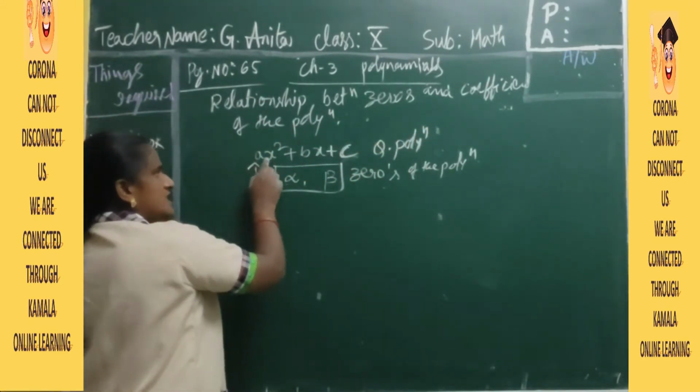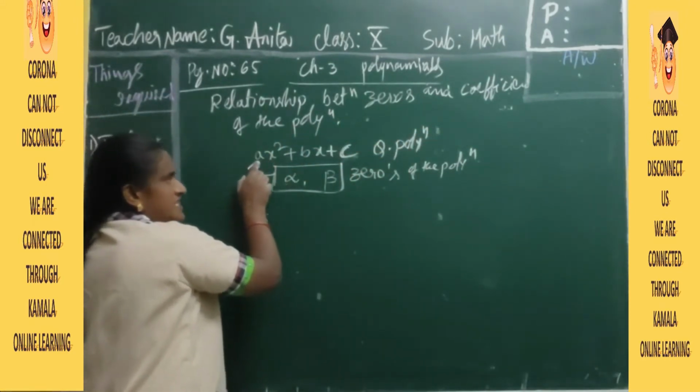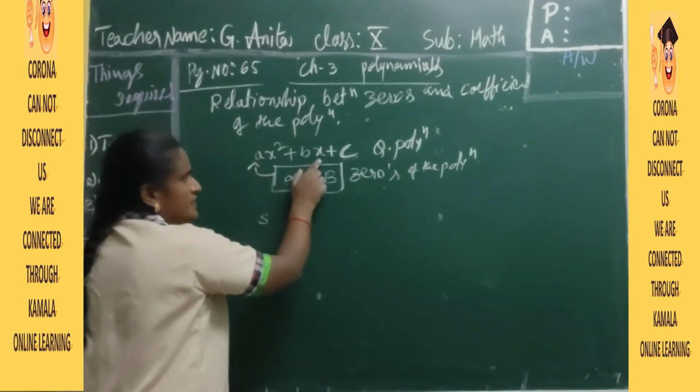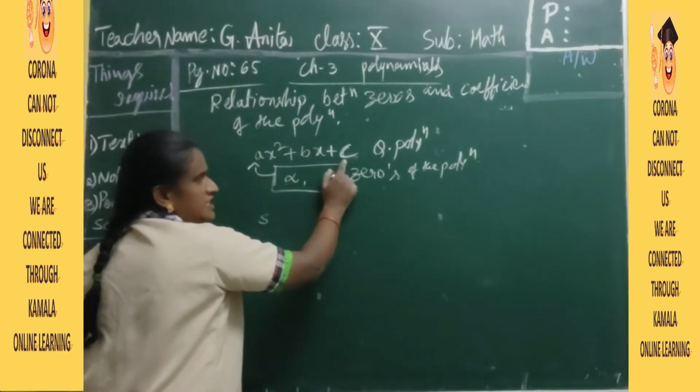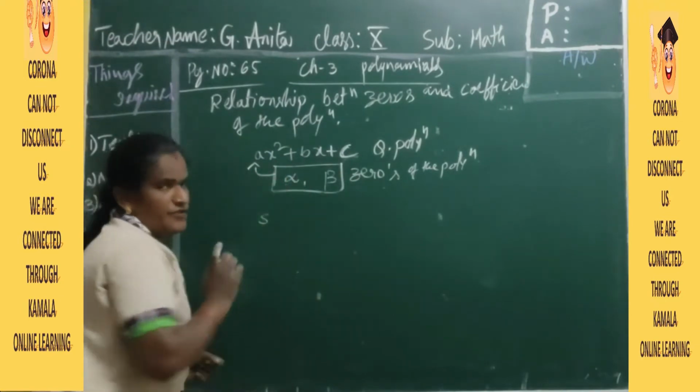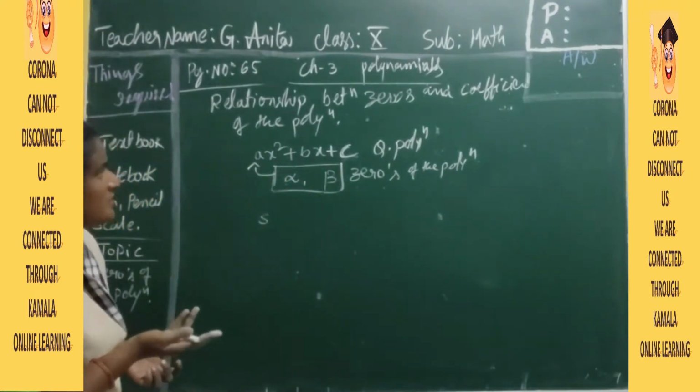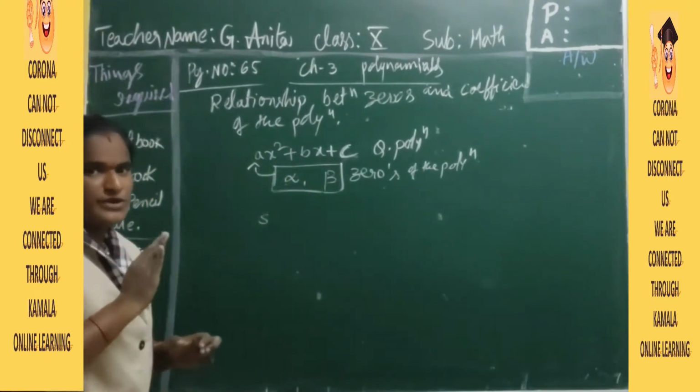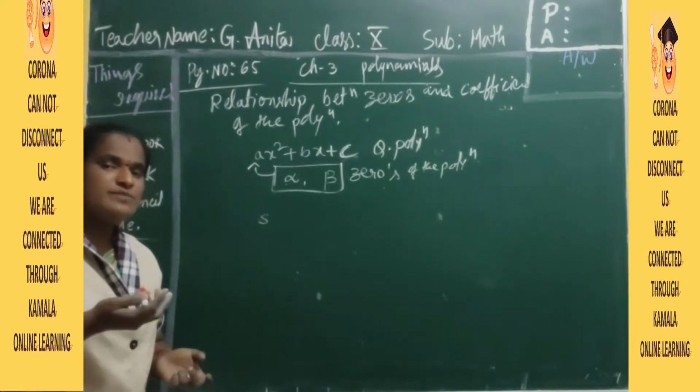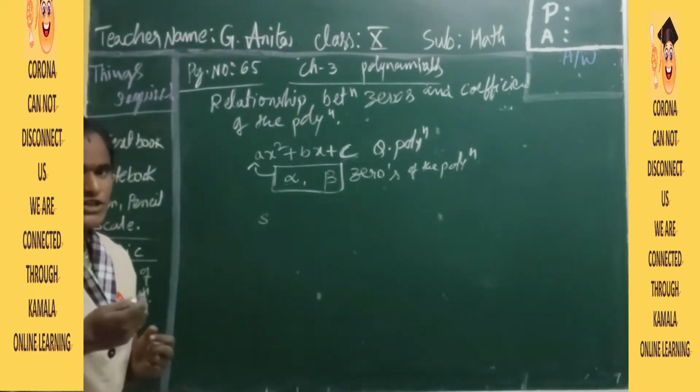What are the coefficients here? The x square coefficient is a and the x coefficient is b. The constant term is c. These are the coefficients. What is the relation between them? Zeros and coefficients, we need to find out.